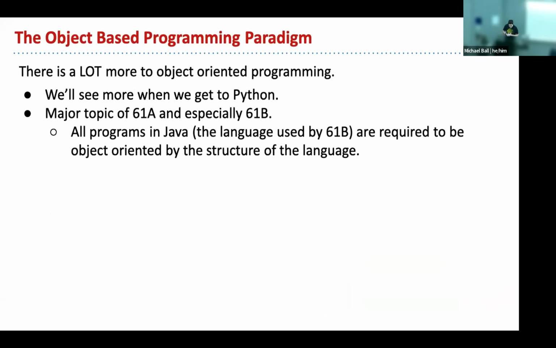So there's a lot of depth to object-oriented programming. If you continue on with CS10, you'll see some more of it. But in Python, we'll see a couple of examples of how Python organizes objects in a more traditional way.